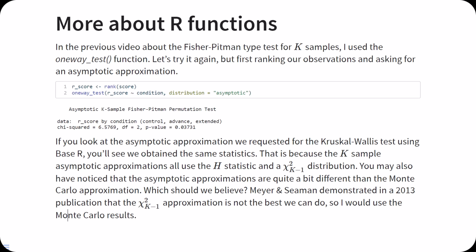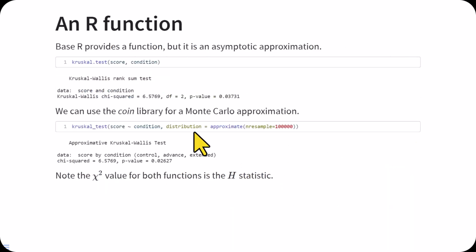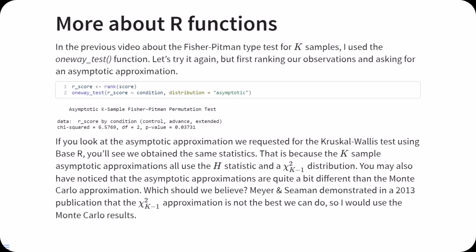You may have also noticed that the asymptotic approximations are quite a bit different than the Monte Carlo approximation. Here we had a 0.037, here we had a 0.026. That may not seem like much of a difference, but if you think about working with small numbers like this, it's a substantial difference. So what should we believe?